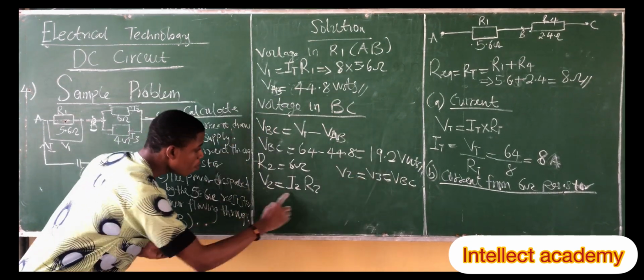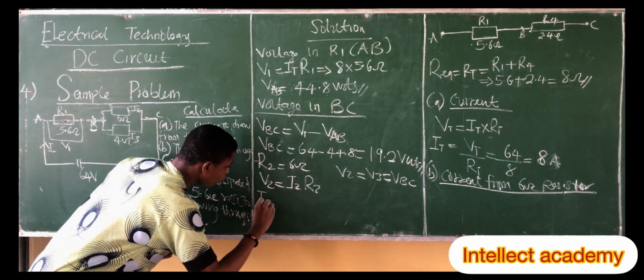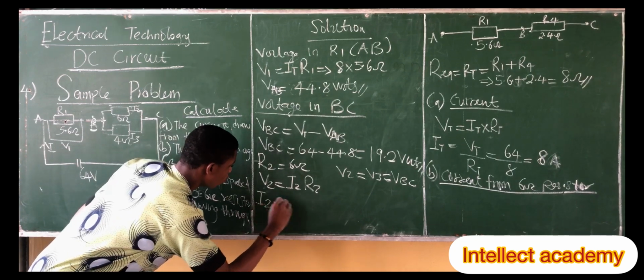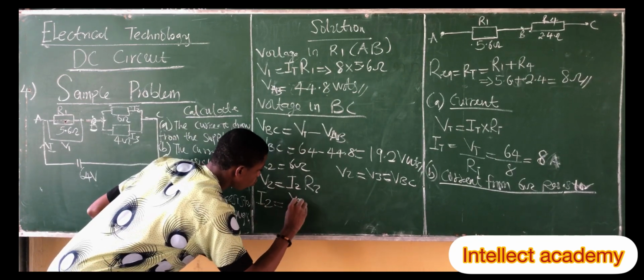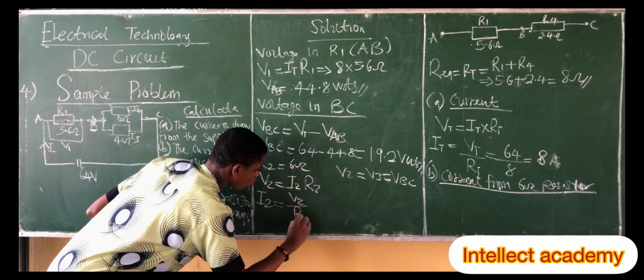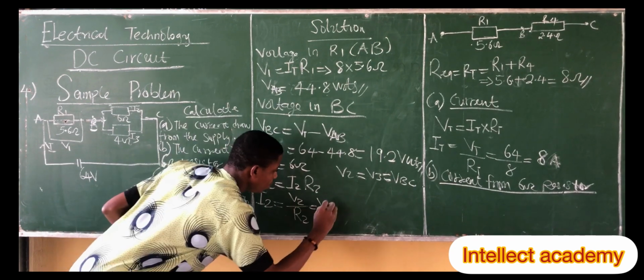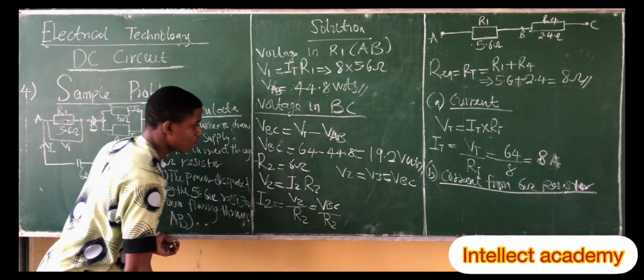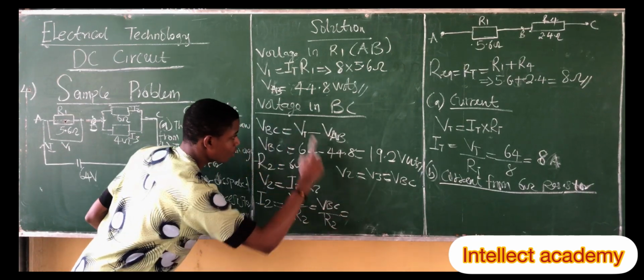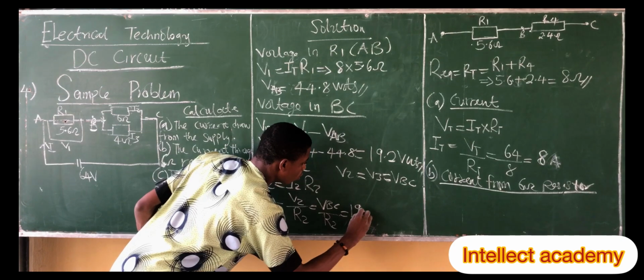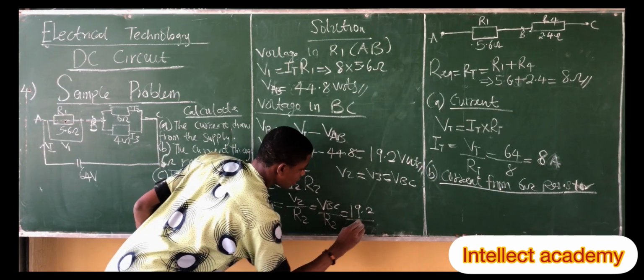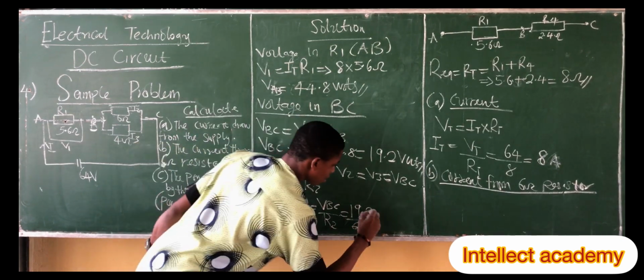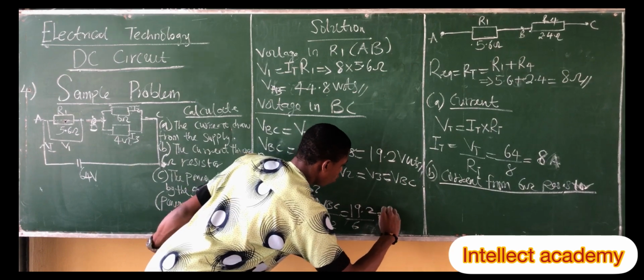Okay, now when we make the I2 formula, which is the current flowing through the 6 ohms, you're going to have V2 is equal to I2 R2. This is also known as I2 equals VBC over R2. So this is equal to 19.2 divided by 6. So please give me your answer. 19.2 divided by 6, what is the value?